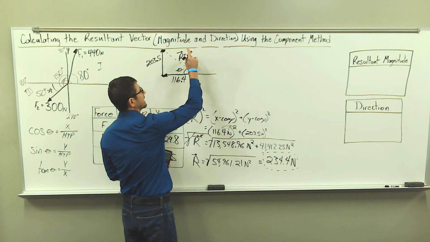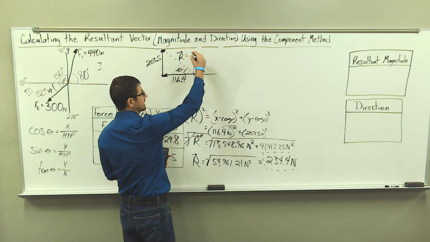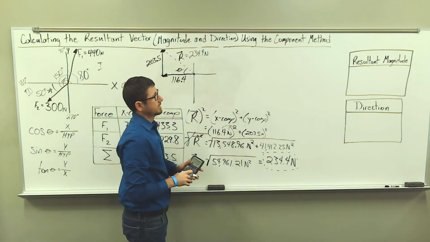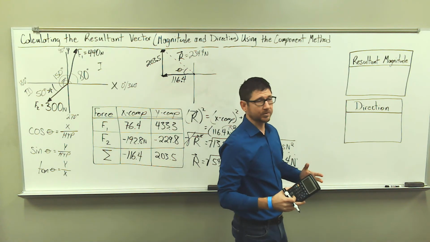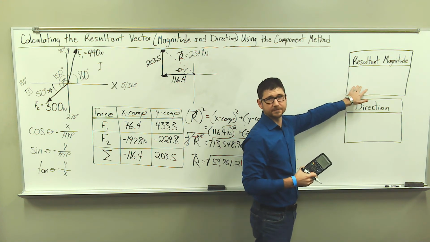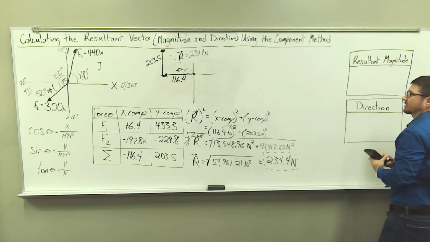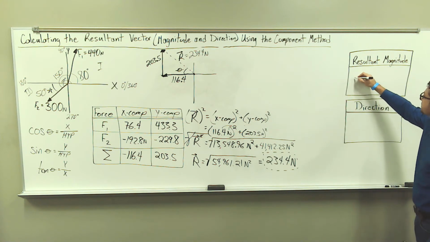And I'm going to go ahead and label that on my diagram. And on your assignment sheet on number 3, there is a box to fill in your answer. So the resultant vector magnitude, let's place our calculated value here.